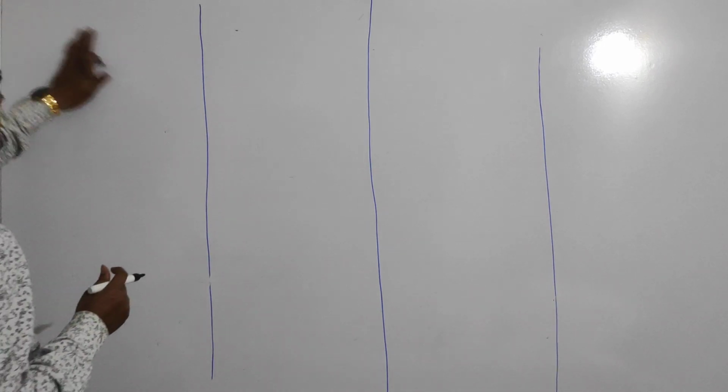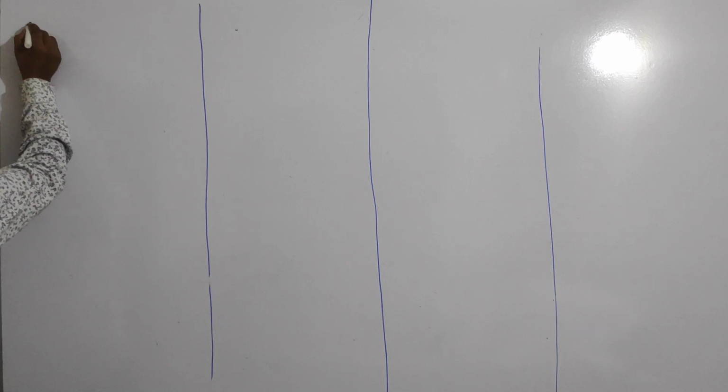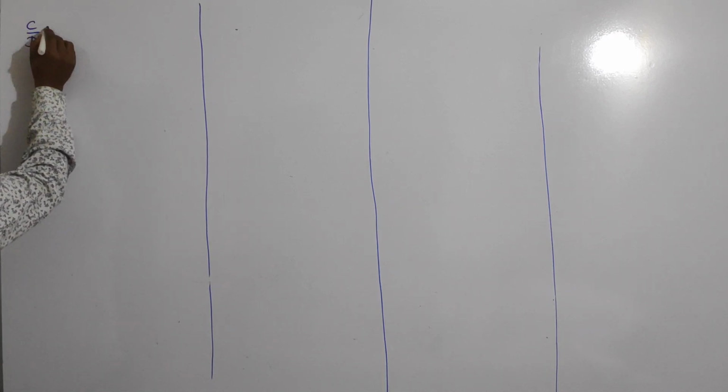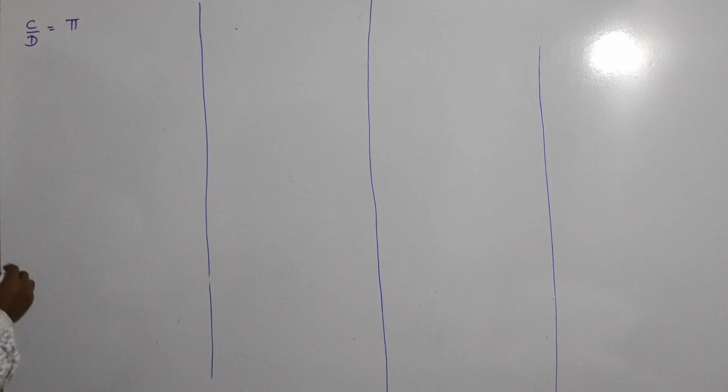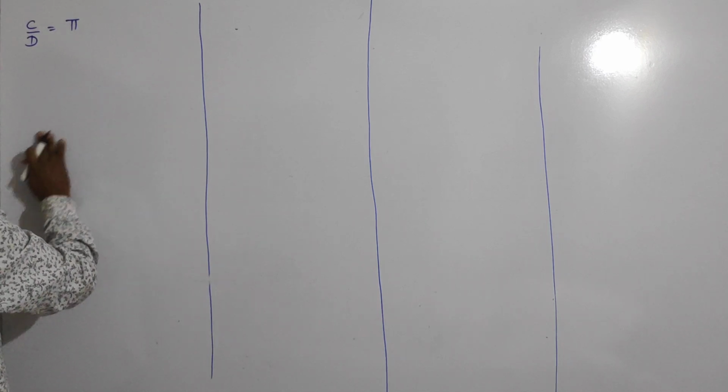Next. So what you have to learn? C upon D is nothing but pi, right? Okay.